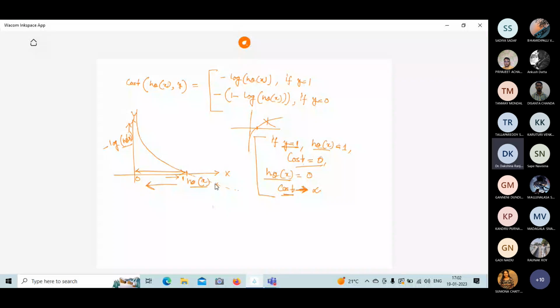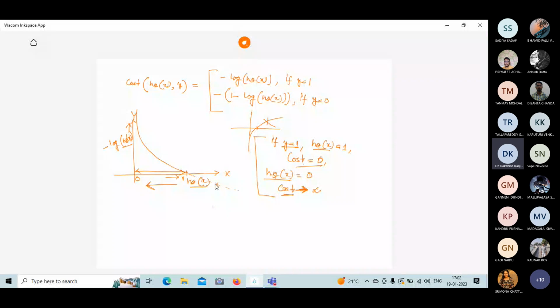But when the class level is found to be 1 and the hypothesis representation is found to be 1, then the cost function will be found to be 0. So this is possible, but it is not possible when the hypothesis representation is found to be 0 and the class level is found to be 1.